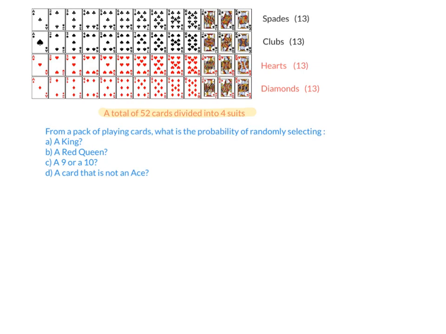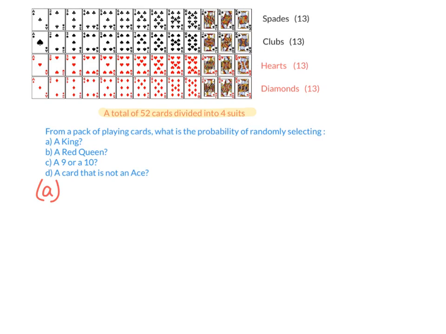Here's a typical probability question involving cards. From a pack of playing cards, what is the probability of randomly selecting A, a king, B, a red queen, C, a 9 or a 10, and D, a card that is not an ace? So, what's the probability of selecting a king?